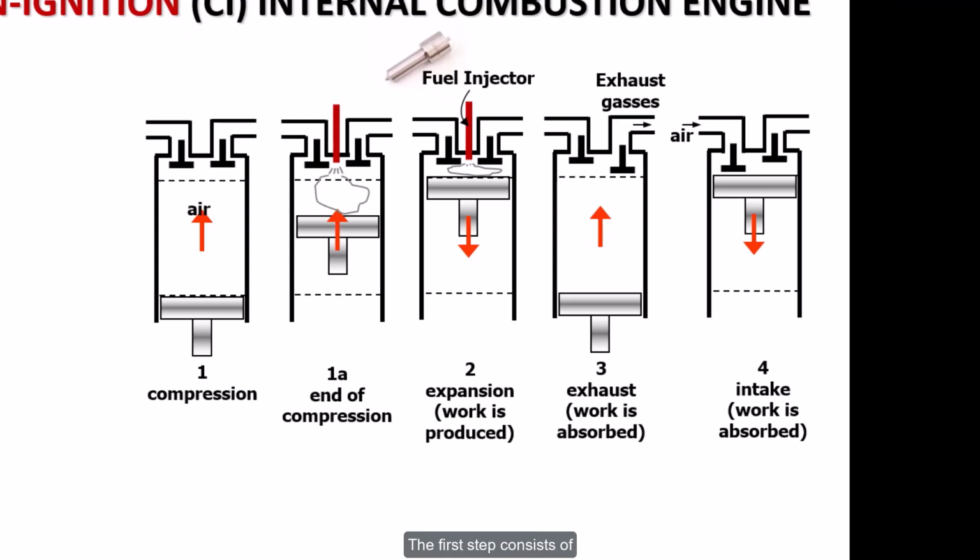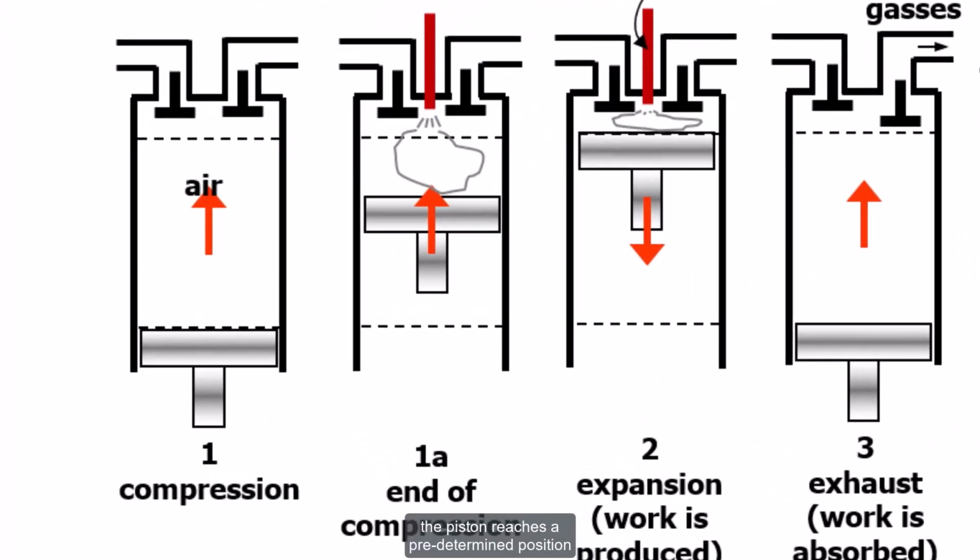The first step consists of a compression of only air until the piston reaches a predetermined position towards the end of the compression, at which the diesel fuel is sprayed. The spraying is performed before achieving the maximum compression, because the fuel combusts slower than fuels for spark ignition engines. Therefore, before reaching step 2, the fuel is injected in the cylinder.